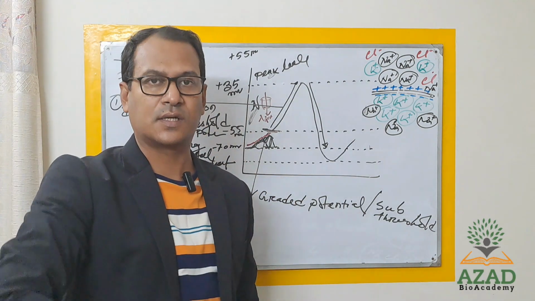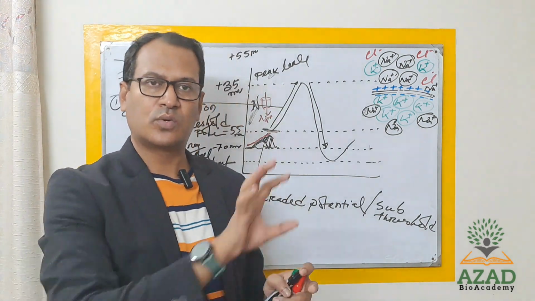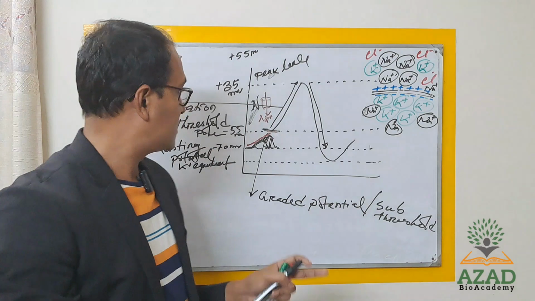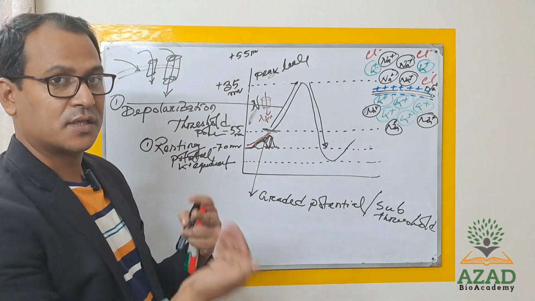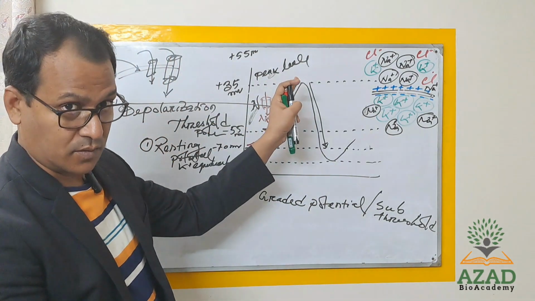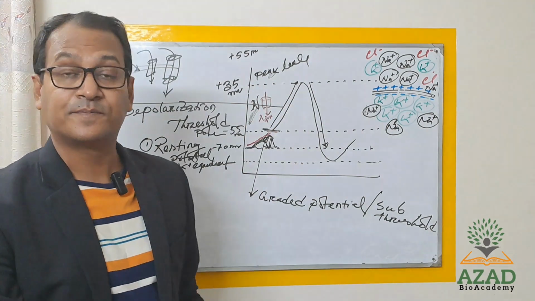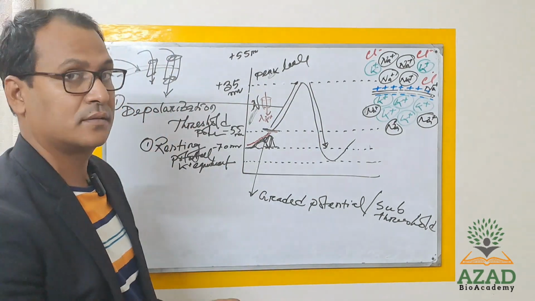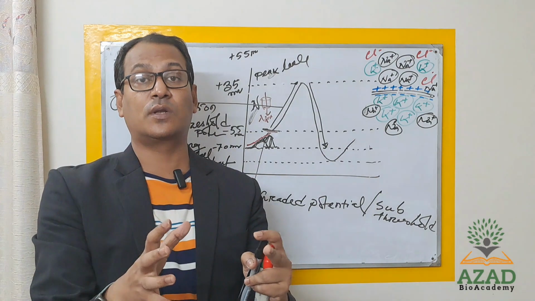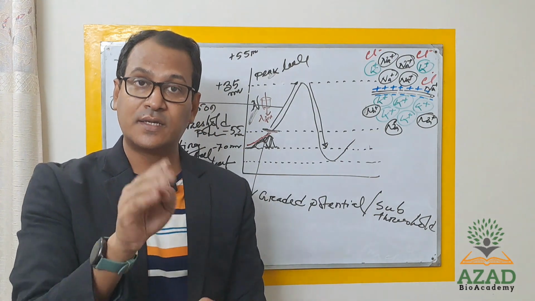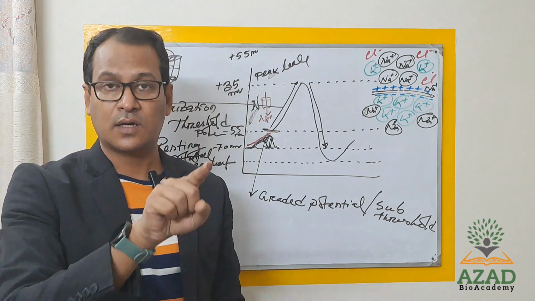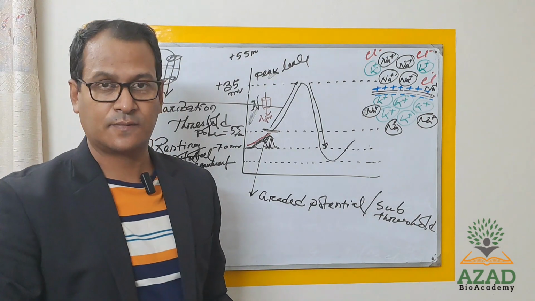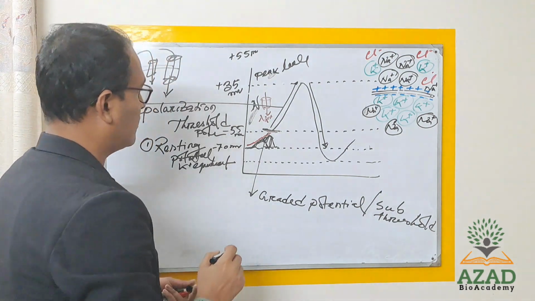Sodium will enter through this channel and it will cause the potential changes toward the positive way, and that will make depolarization. That means depolarization will happen through the entry of sodium through the voltage gated sodium channel. That's it. Okay. And what will happen?